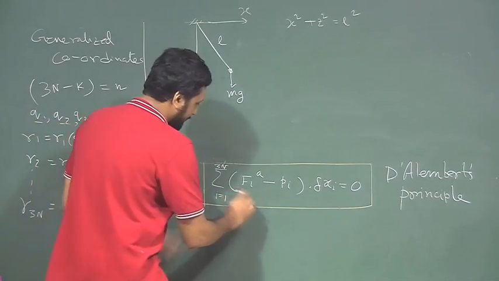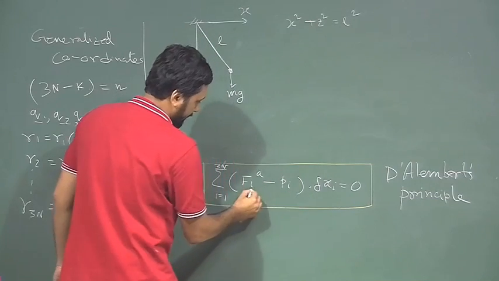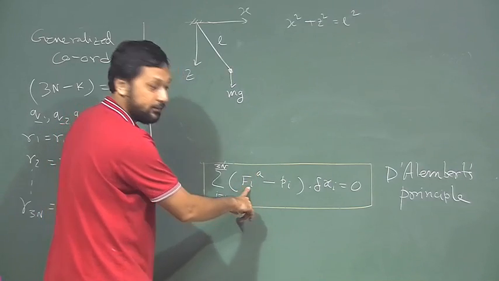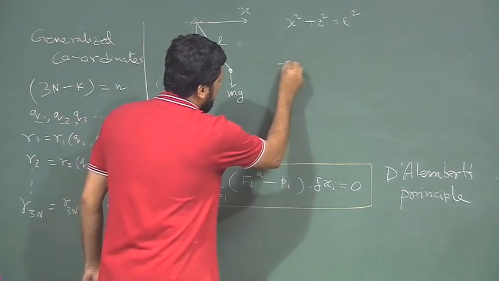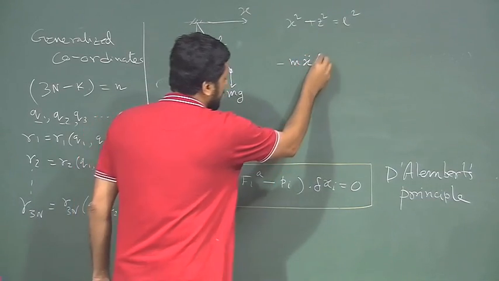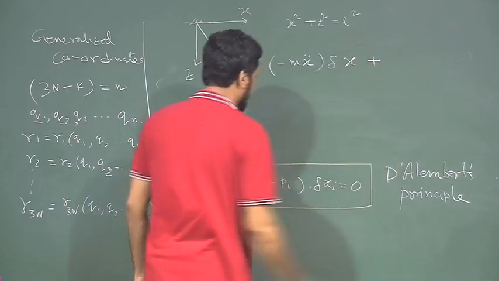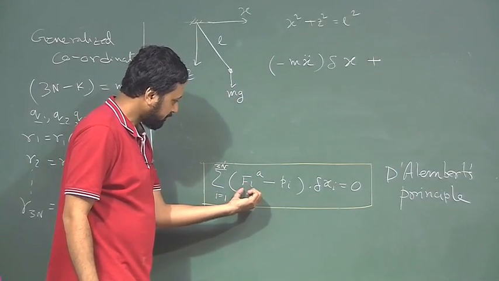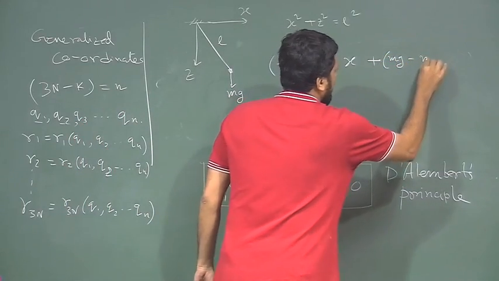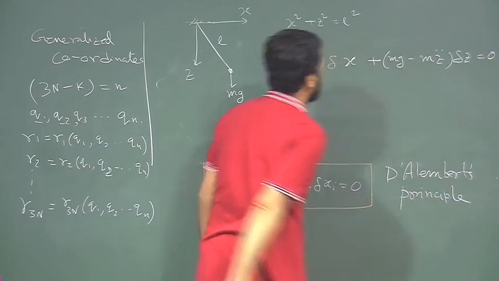So, we can write D'Alembert's principle like this. For the x component, the applied force along x is 0, so we write minus m x double dot delta x, plus for the z component it will be mg minus m z double dot delta z, which is equal to 0.